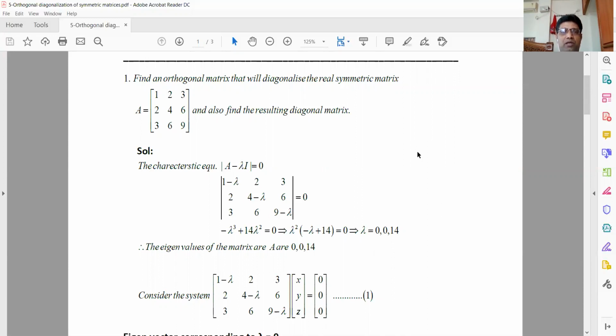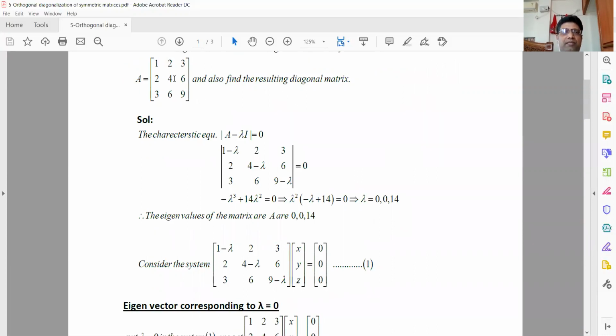If they are pairwise orthogonal, then form the modal matrix P. Here it is not the ordinary modal matrix, it is a normalized modal matrix you have to construct. Once it is done, then calculate P inverse, right? And you have to show that it is nothing but D. Now that is the simple procedure. Now we'll see this step by step.